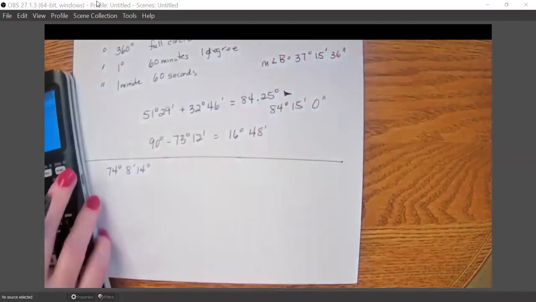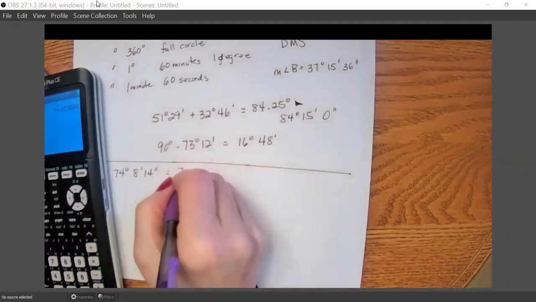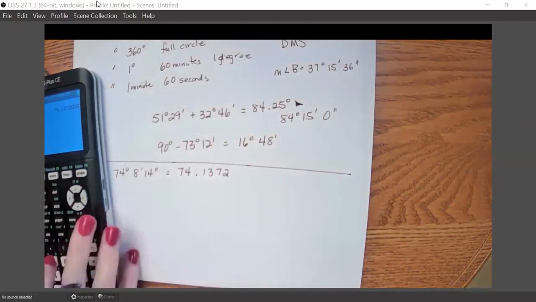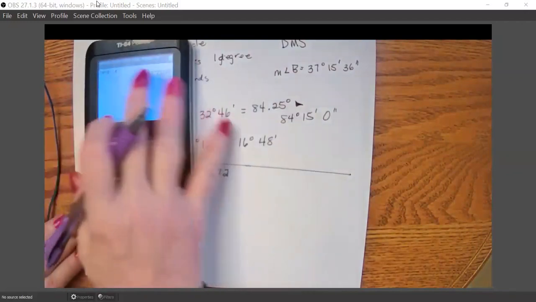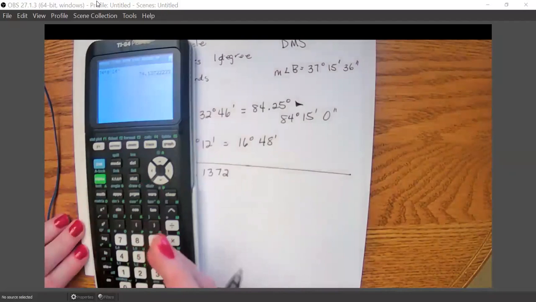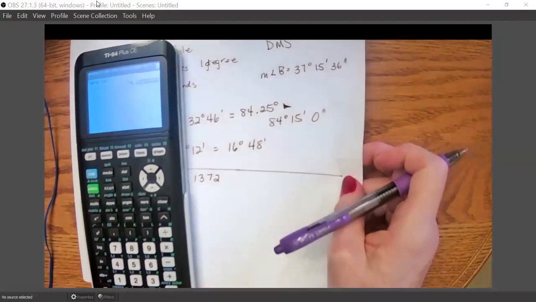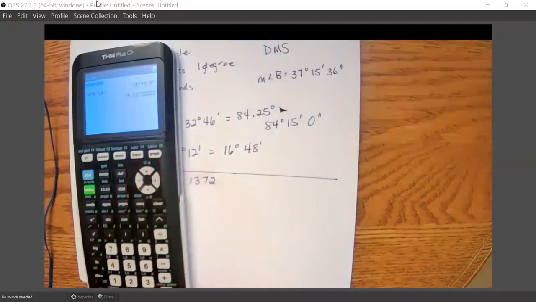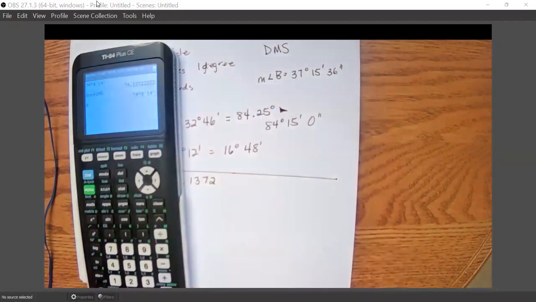So 74 degrees, 8 minutes, 14 seconds is equal to 74.1372 decimal degrees. The calculator by default is in decimal degrees. If you ever want the calculator to give you degrees, minutes, seconds, you say, okay, convert to degrees, minutes, seconds, and it would present it back to you in degrees, minutes, seconds.